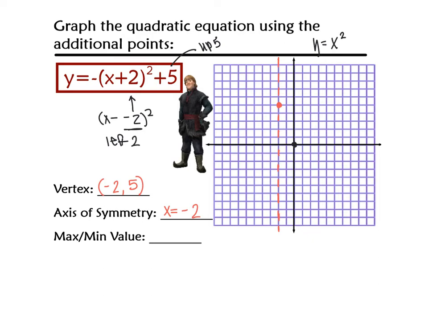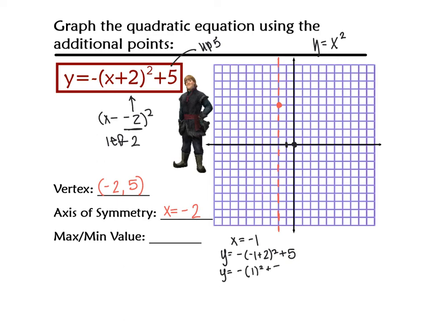The next step is to find a point to the right. So right now I'm at negative 2, so this right here is negative 1. So if x is negative 1, I need to figure out what y will be, and I do that by plugging negative 1 into my equation. Again, you can just use the calculator if you want.